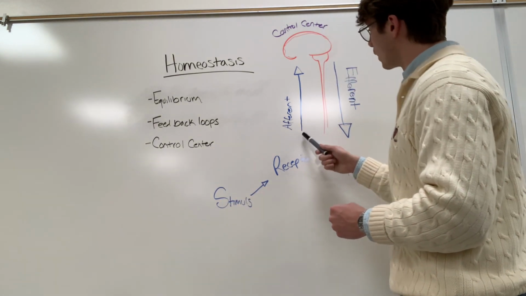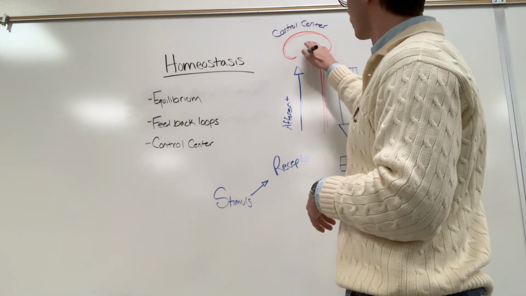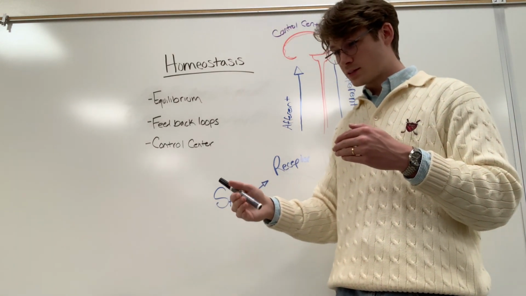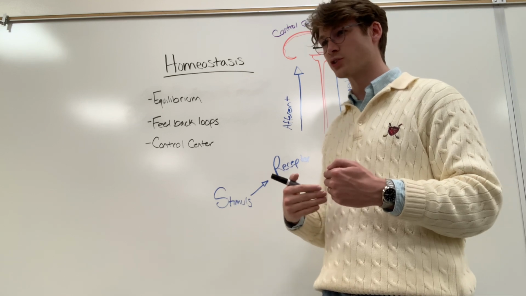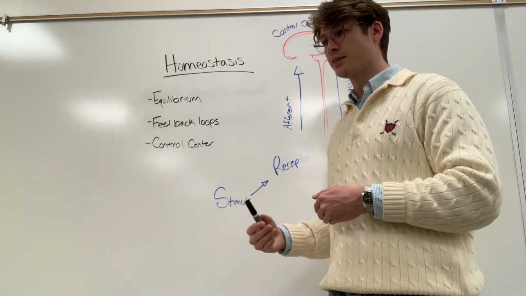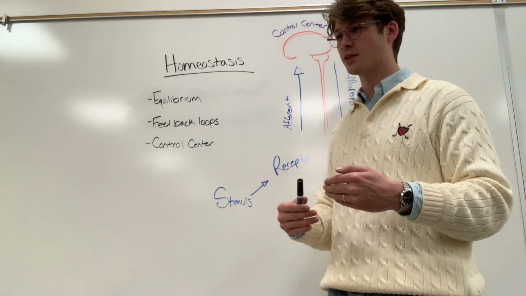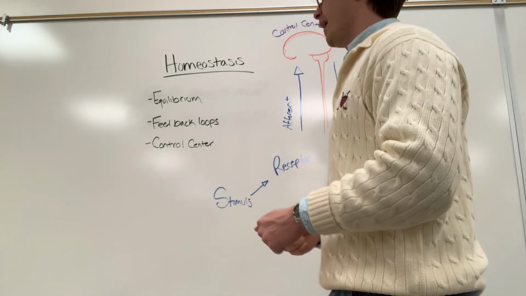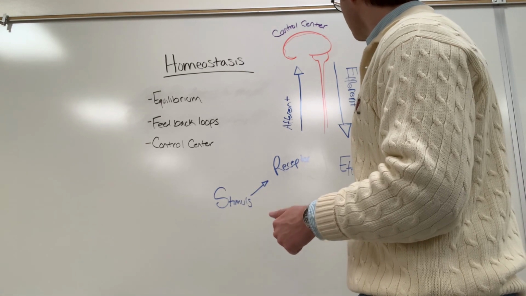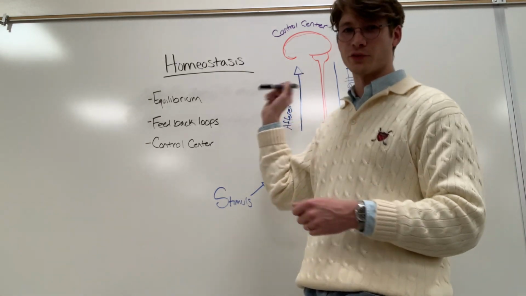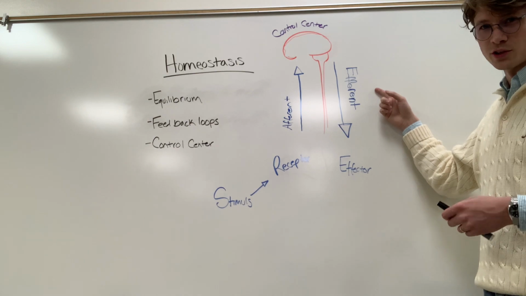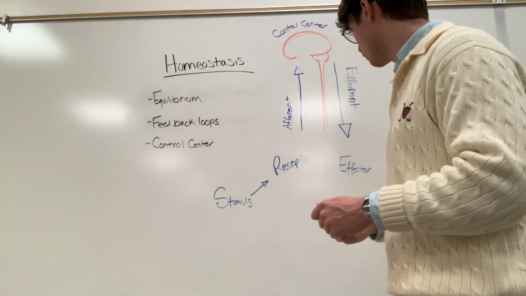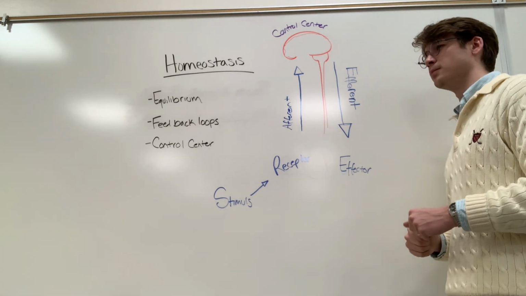After that signal travels up the afferent pathway to our control center in the brain, the brain is going to take in the information just received and decide how to correct the deviation from what our body prefers. Once it does that, the signal travels along the efferent pathway, which goes from the control center back down to what we call an effector.